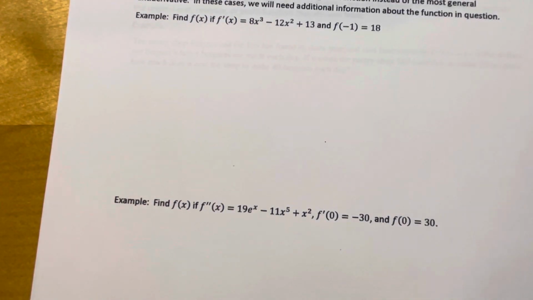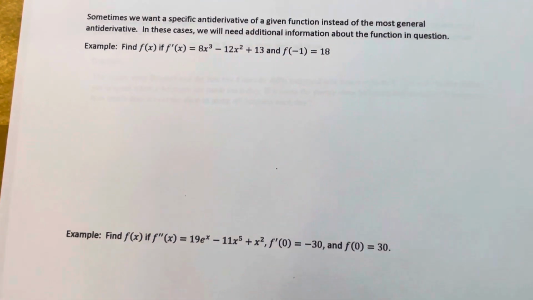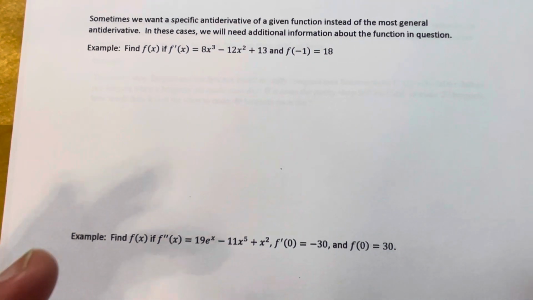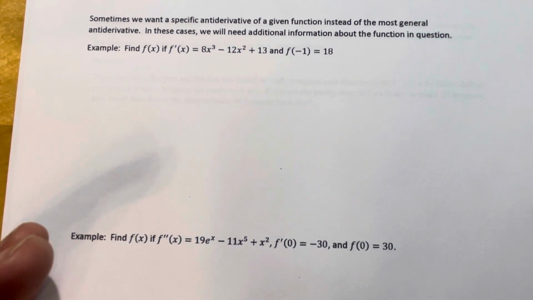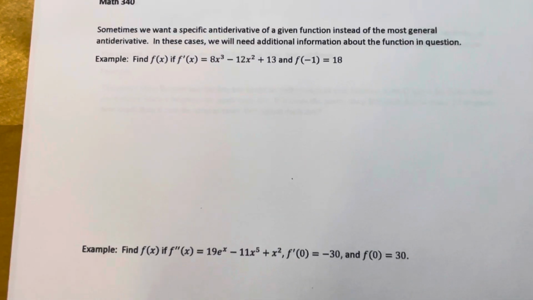All right. So the next thing I want to look at here is what to do if we're being asked not for the most general antiderivative of a function, but more specifically a particular or a specific antiderivative.